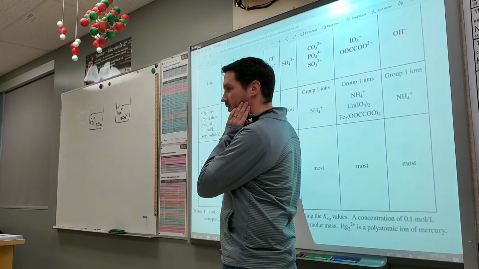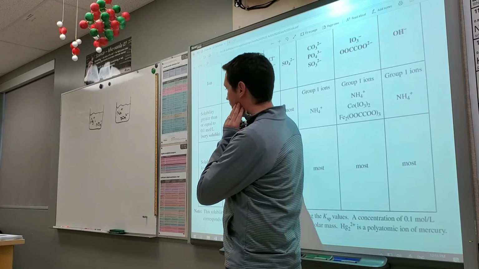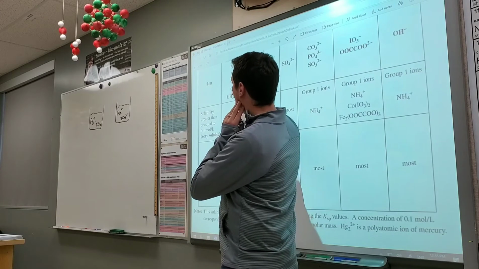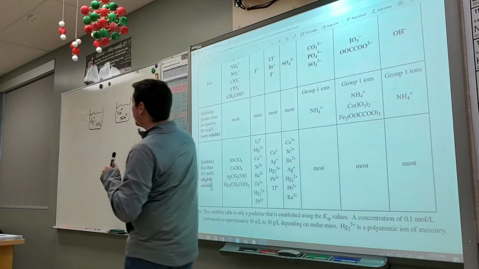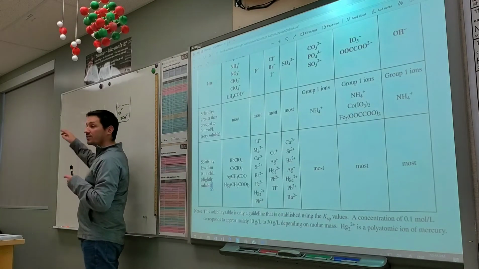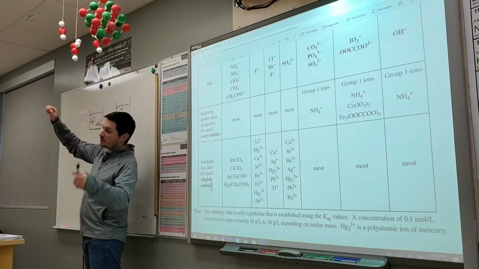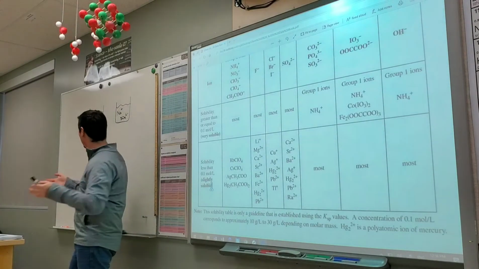No, they don't. I don't see silver anywhere on here except for silver acetate. So the combination of nitrate and silver does not make a precipitate. And hopefully that makes sense. They're together in the beaker, and they're not doing anything with each other. They're just independently floating around, bumping off of each other, and they don't even really care that they're there, right?